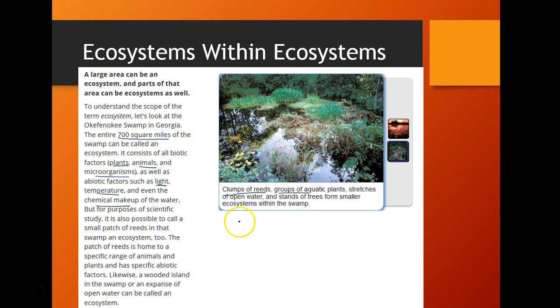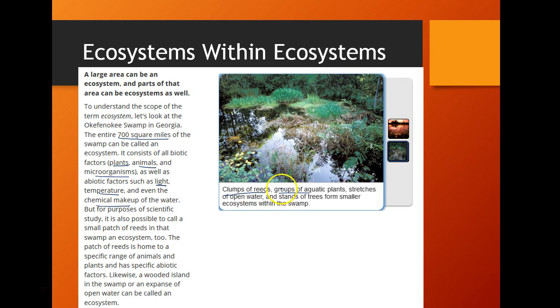On clumps of reeds, there could be microorganisms growing. We can have specific abiotic and biotic factors living in those specific places as well. And so, again, even within a huge ecosystem, like a huge swamp, we can find smaller ecosystems living within there as well.